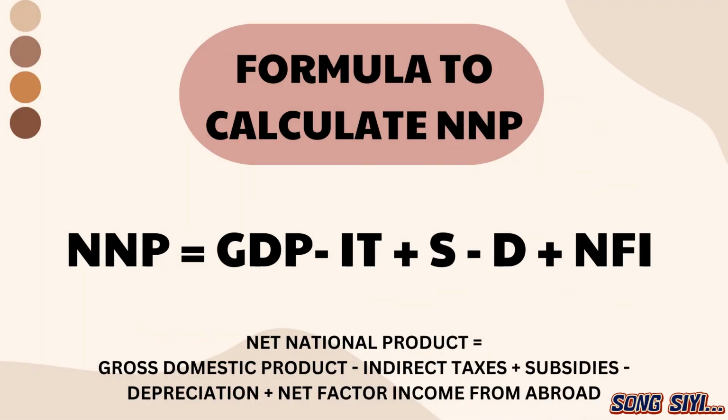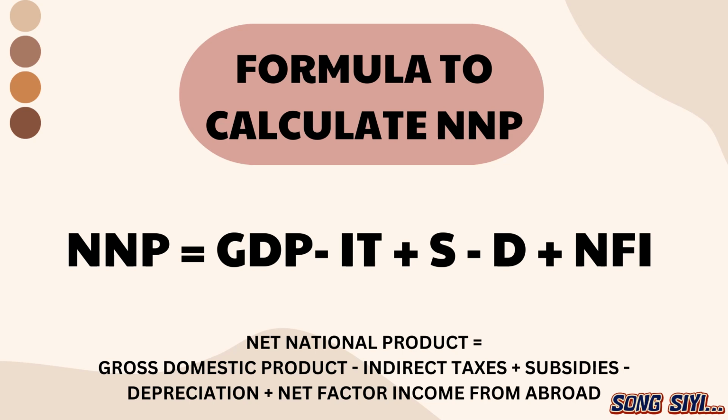And let's see the second formula, the formula to calculate the net national product. Net national product equals GDP minus indirect tax plus subsidies minus depreciation plus net factor income from abroad. Indirect taxes are taxes imposed by the government on goods and services.